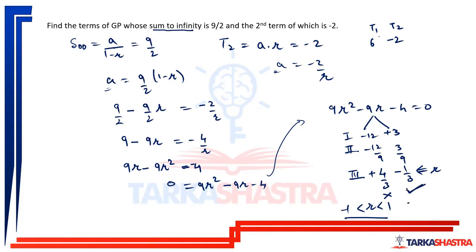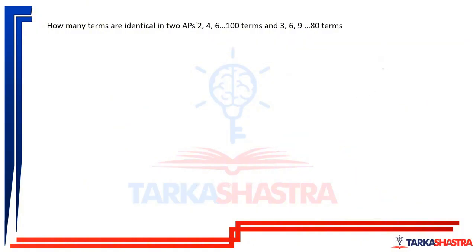So my first term must be 6, which when multiplied by minus 1 by 3 gives me minus 2. Now this is multiplied by minus 1 by 3, which will give me positive 2 by 3. And then if I multiply it again by minus 1 by 3, it will be minus 2 by 9 and so on. So these are the terms of the geometric progression.